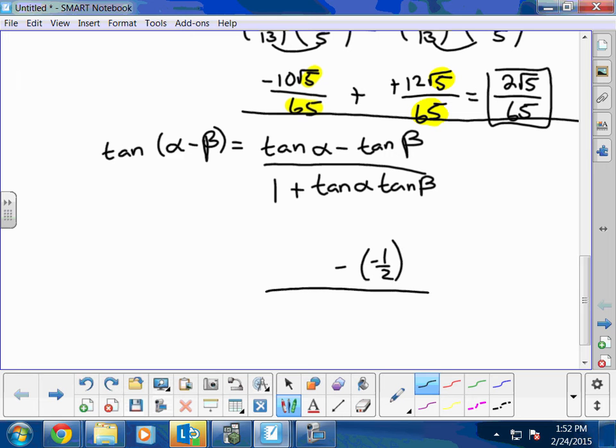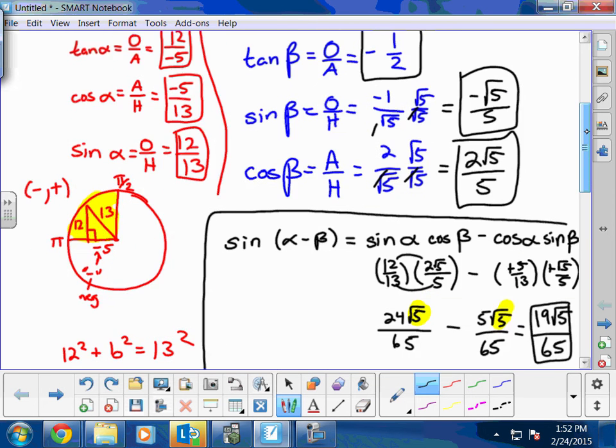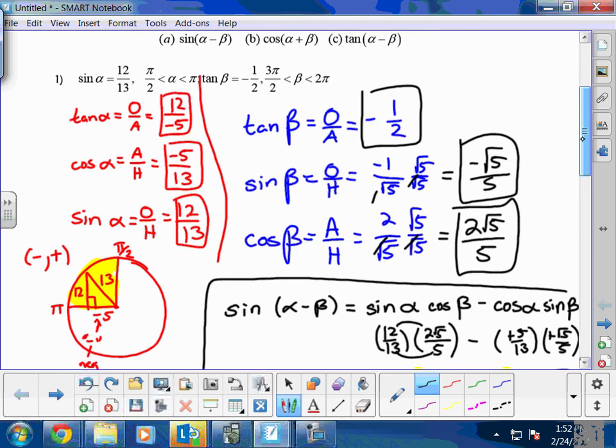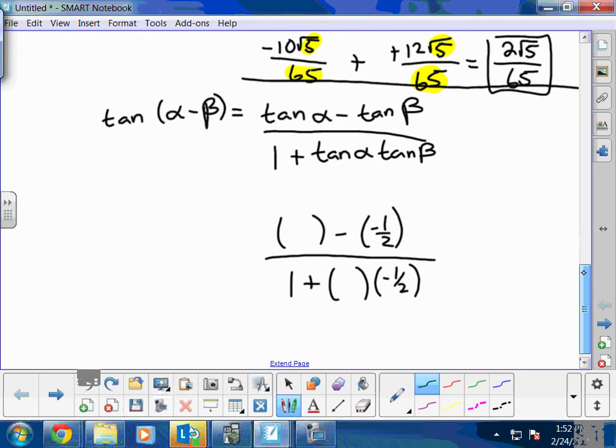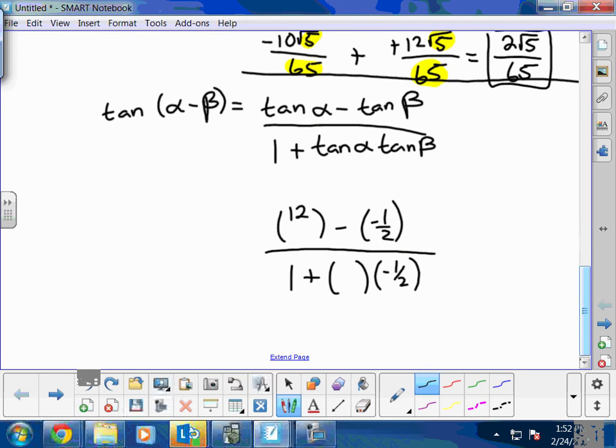And I'm going to have 1 plus negative 1/2. What I'm missing so far is the tan alpha. My tan alpha was 12 divided by negative 5. So 12 divided by negative 5, I'll just put the negative somewhere in there.